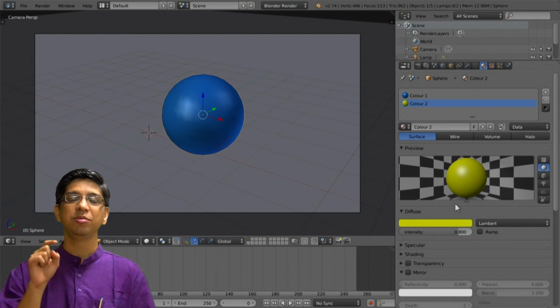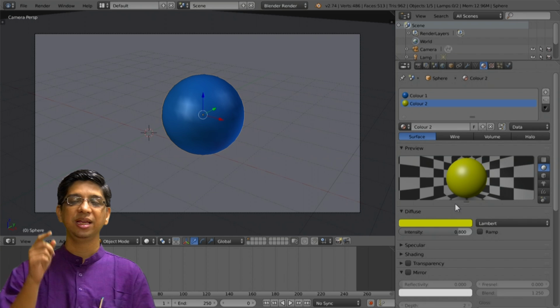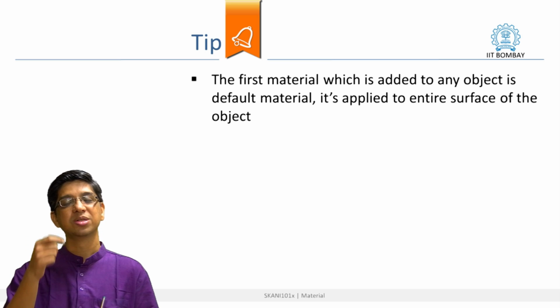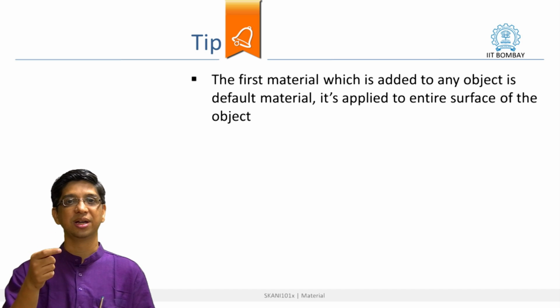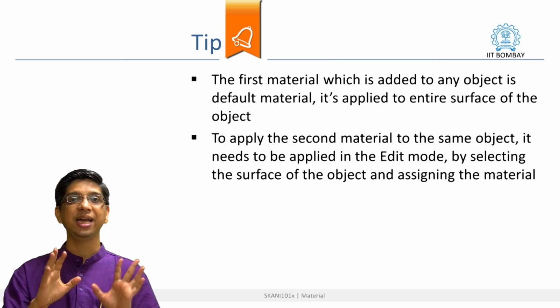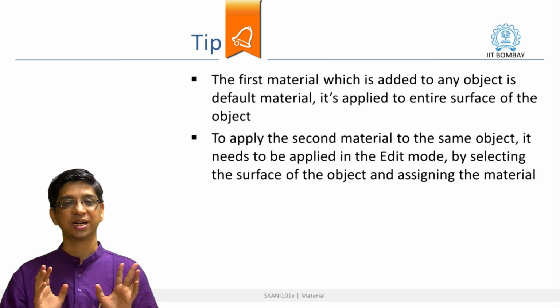One important point to be noted here is that even though you have two colors in this list, the object looks blue, which means that it has taken the first color in the list. That is the important point to be noted, that the first color in the list will be taken as default and it would be applied to this particular object.